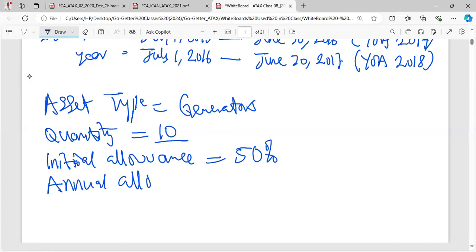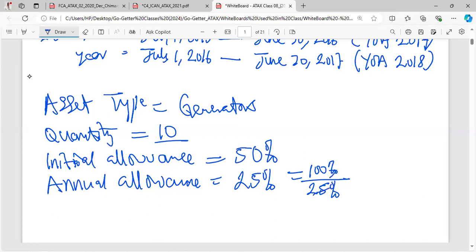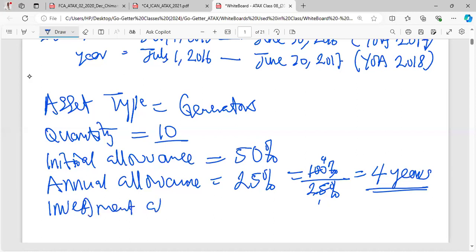Annual allowance is 25%. And when we say 25%, it's as good as saying how many years. Normally, if you want to convert this to years, you will say 100% over 25%. So percent will cancel each other. 25 into 100 will be 4. So that is 4 years. We are told that investment allowance, ignore.